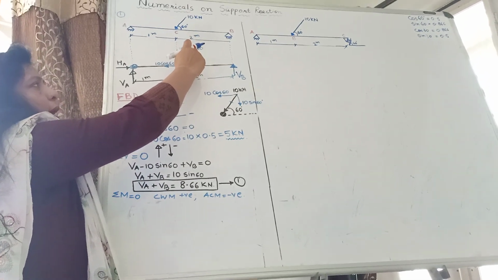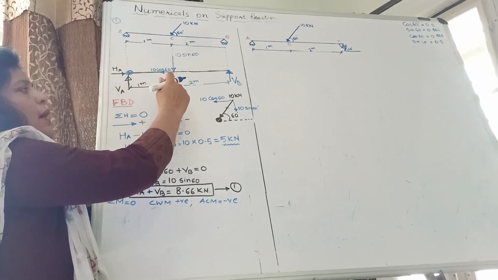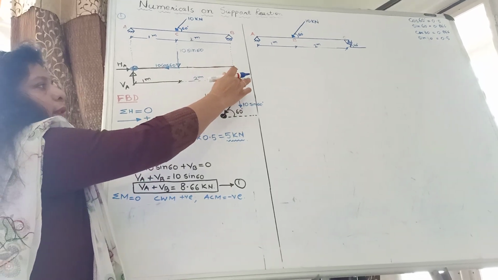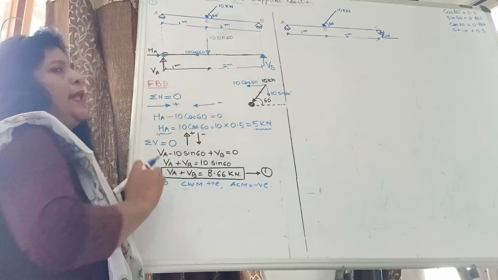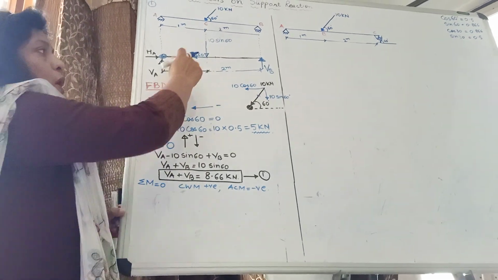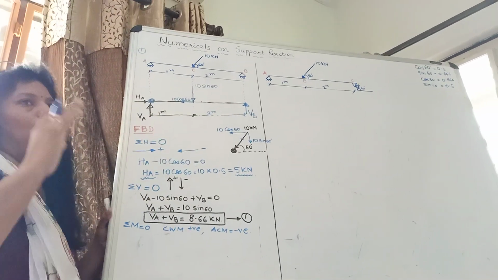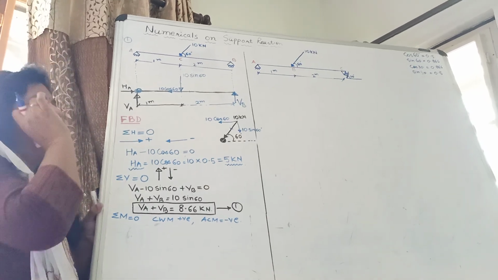What is the distance of 10 sin 60 with respect to A? It is 1 meter. What is the distance of VB with respect to point A? It is 2 plus 1, that is 3 meters. The horizontal force is not considered because we don't have any vertical distance.